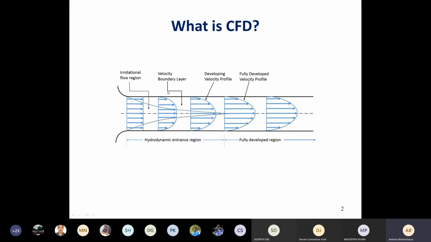Okay, and only in recent years, say from 1950 onwards, with the advent of computational resources, we have gradually developed methods where these equations can be solved numerically, which I am going to come to later. Okay. So the two fundamental methods are, one is analytical solution, second is experimental method.